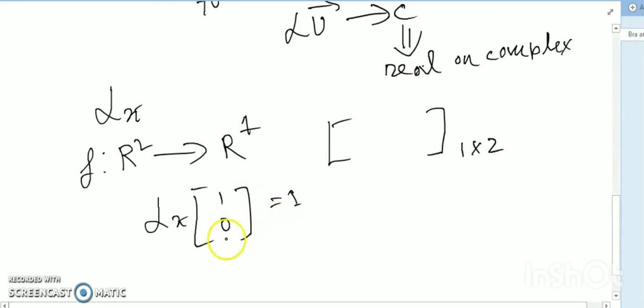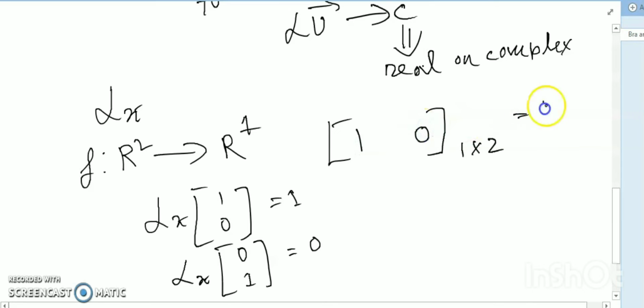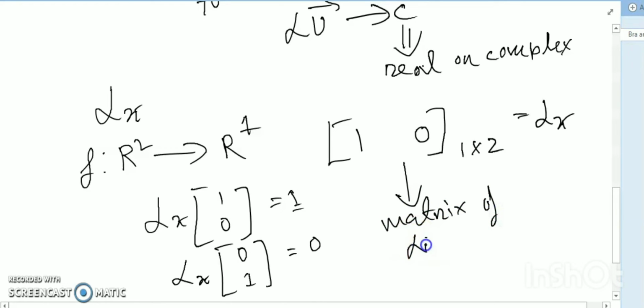So plugging in (0, 1) into Lx, we get the value 0, and our Lx is (1 0). This is our Lx. So this is the matrix of the linear functional.